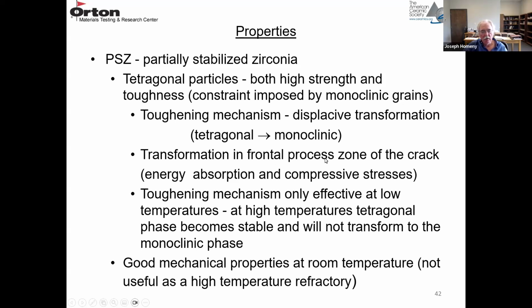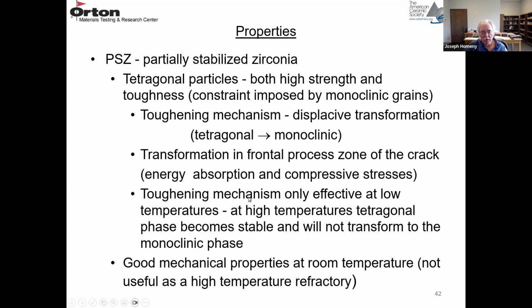There's a frontal process zone. That stress field provides enough energy to force this transformation from tetragonal to monoclinic. So when that transformation takes place, it absorbs energy, and because of the volume expansion from tetragonal to monoclinic, it puts a compressive stress in this frontal process zone, and it basically stops the crack from moving.